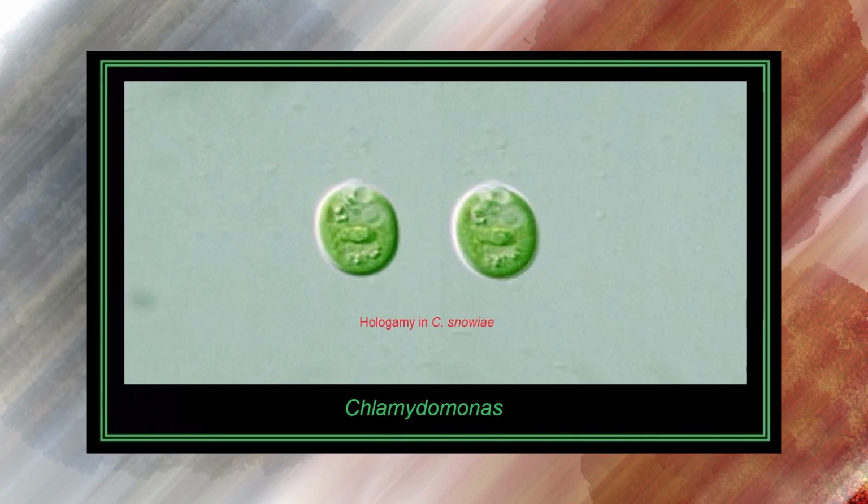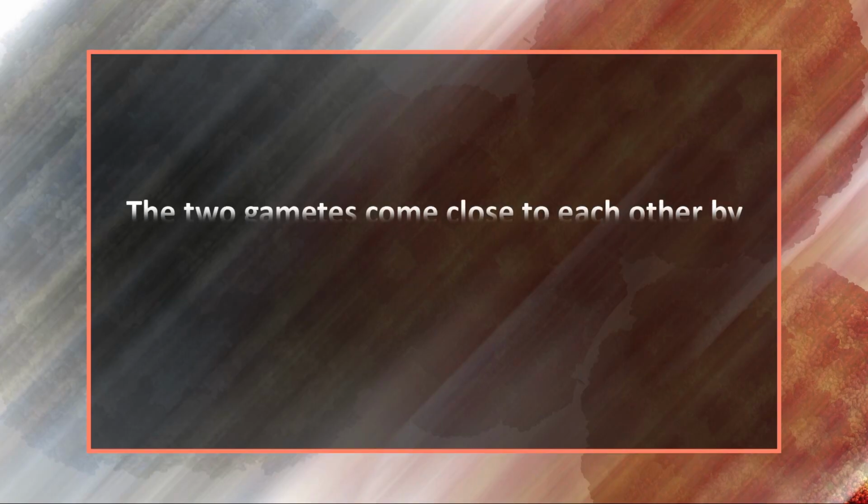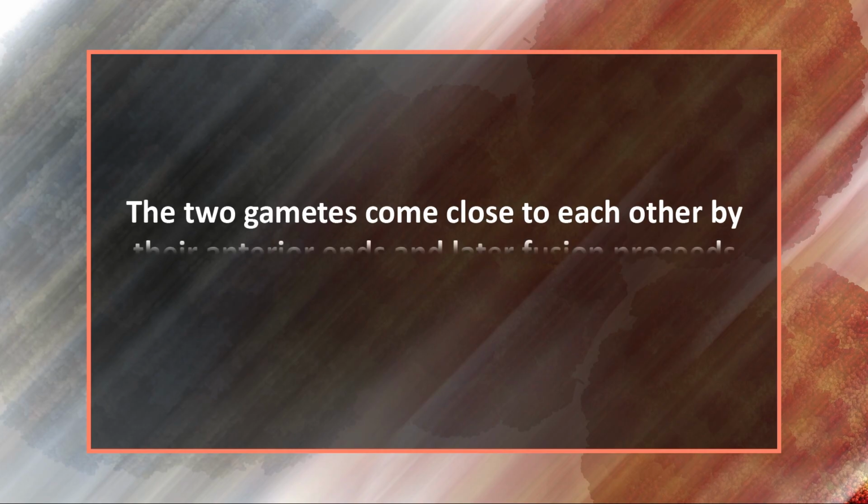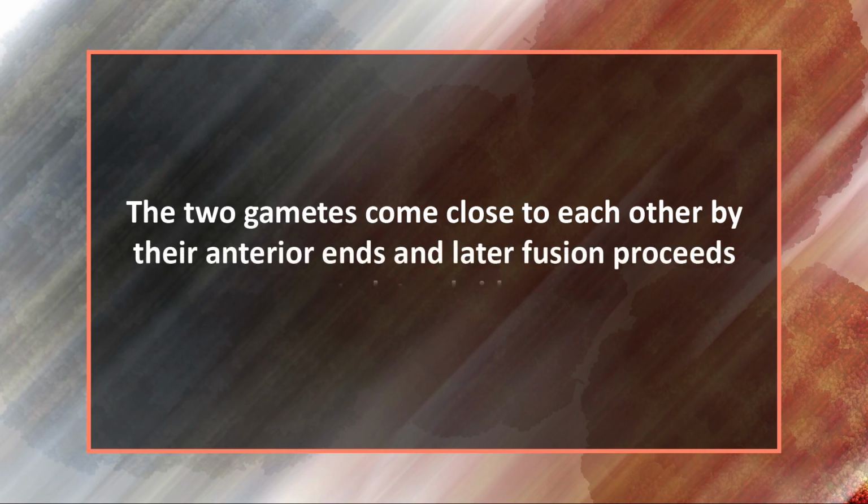For example, in Chlamydomonas snowii, this fusion is called hologamy. The thalli shed their cell walls and function as gametes. The two gametes come close to each other by their anterior ends, and later fusion proceeds to the lateral sides.